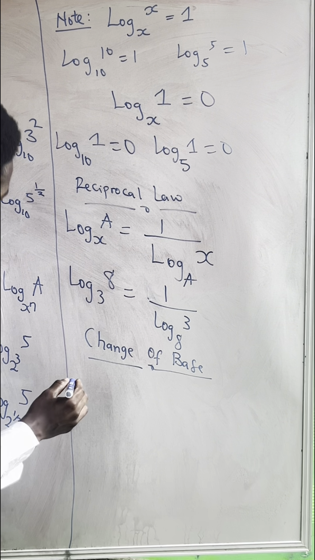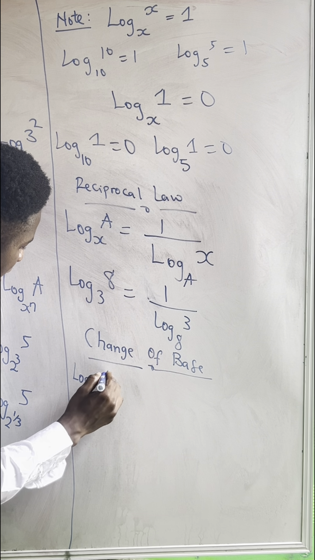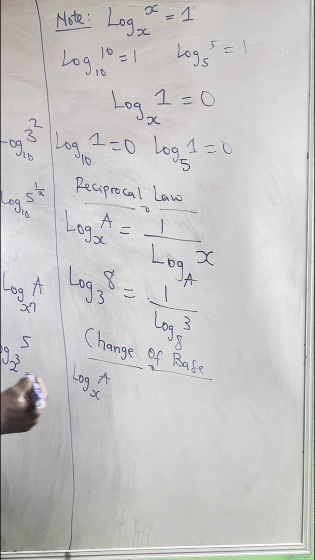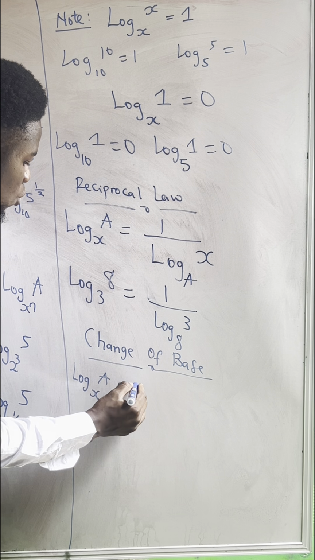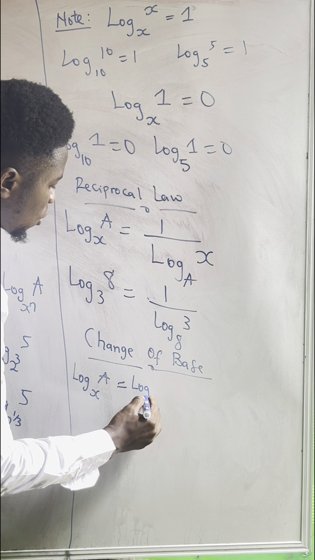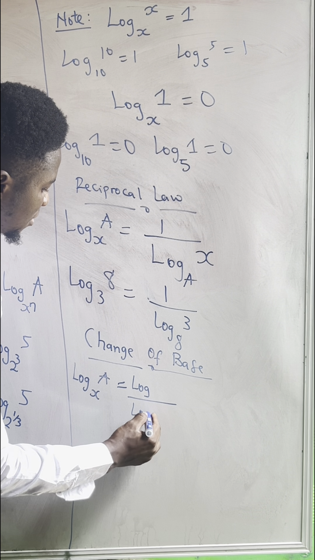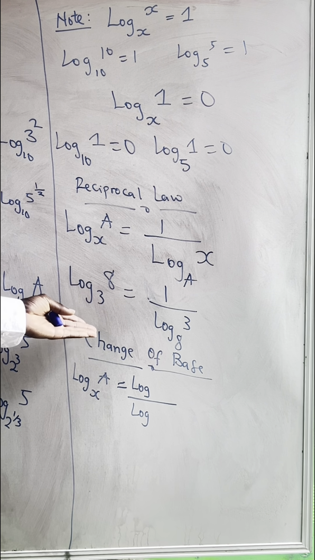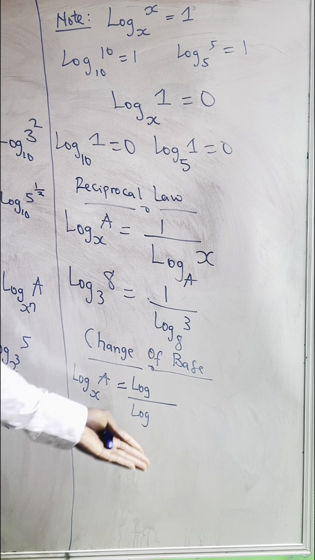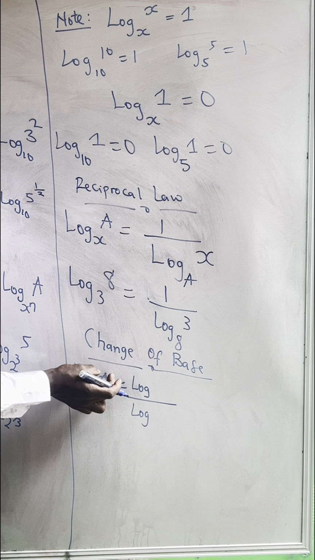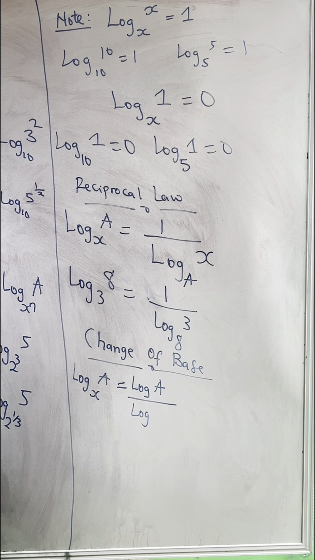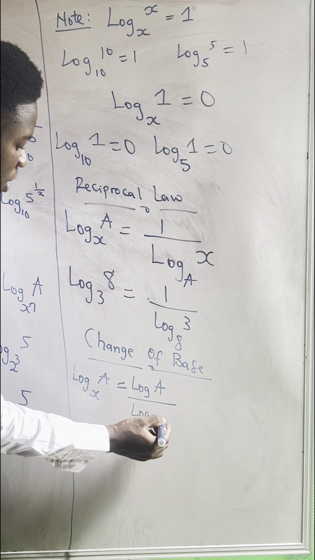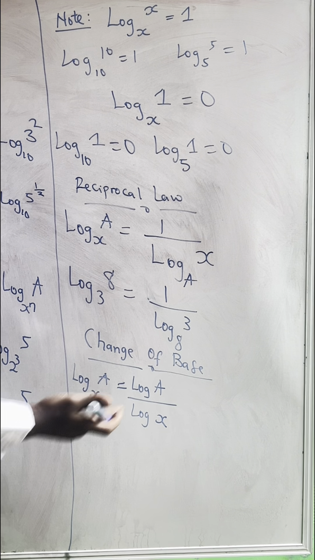Guys, here, let's say I have log a base x, and I'm to use the change of base law. It is very simple. This will just equal log over log. Change of base is going to turn to what? Log over log. Are you there? So this number will become the log a, and this base will become log x.